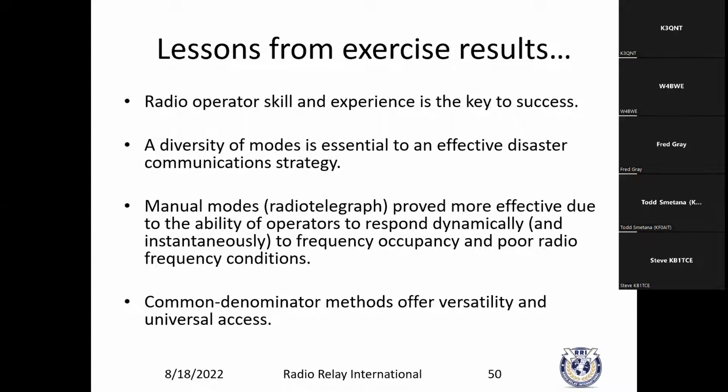Is your information peer reviewed? Are there exercise results to justify your opinion? If so, how were those results attained? Were those peer reviewed? Were they analytical? Were they designed to be unbiased? These are all things that you need to consider in your emergency communications resource management decisions.